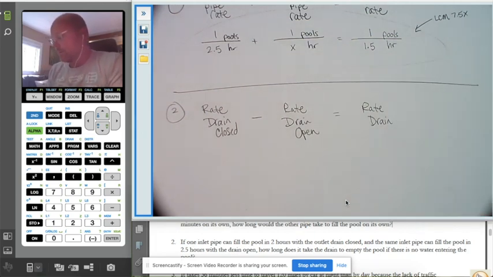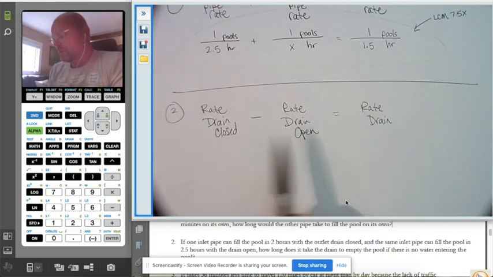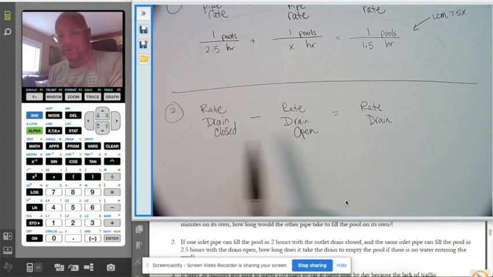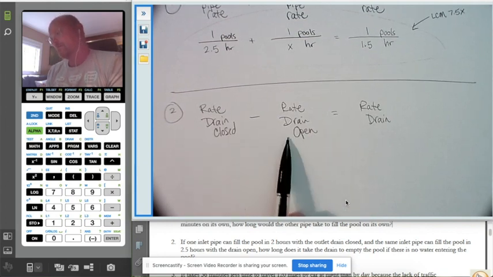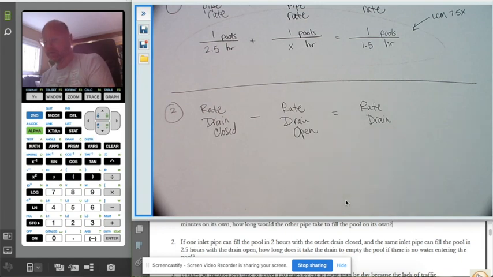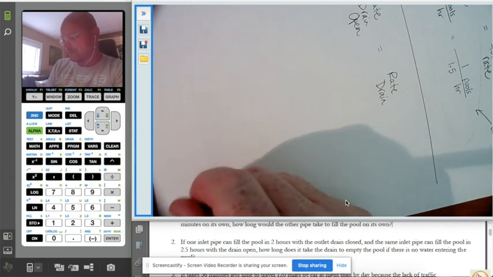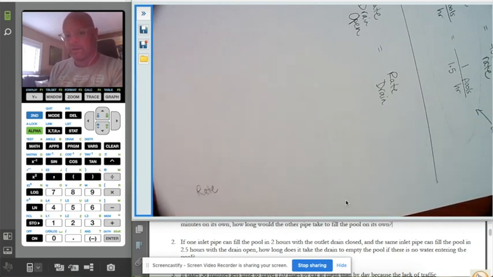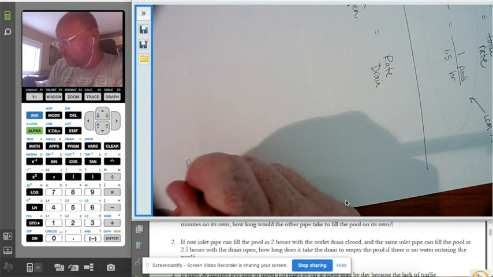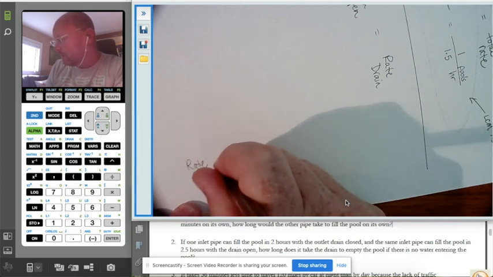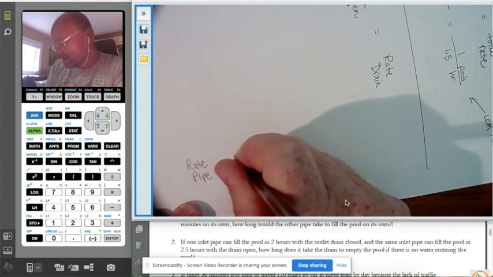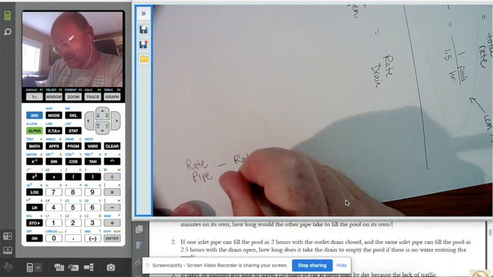So you can think about this in terms of the difference between these two. The difference in pool filling is going to be whatever the rate of the drain is. But it's absolutely okay to also think about this as the rate of the pipe minus the rate of the drain.